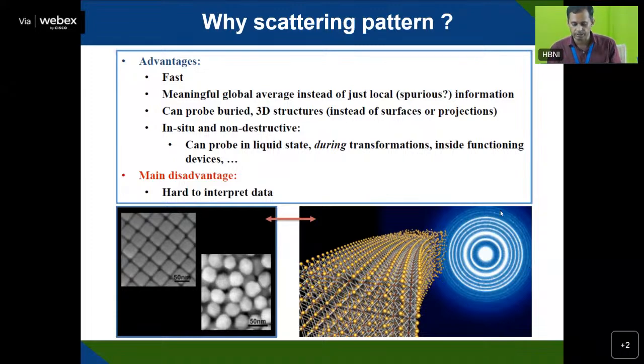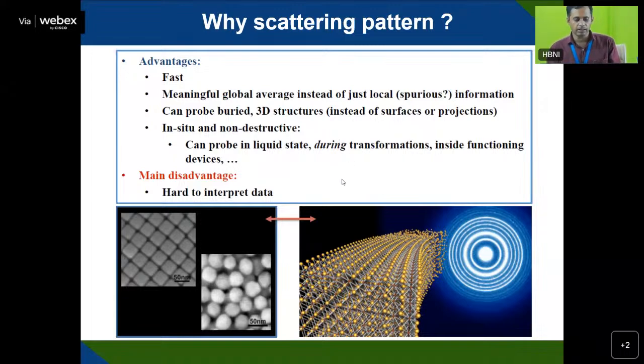From the scattering pattern you can get 3D structural information, which you normally don't get from other techniques, and it can do in situ, non-destructive measurements.